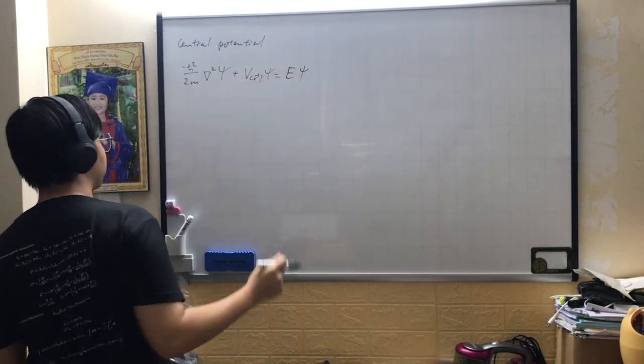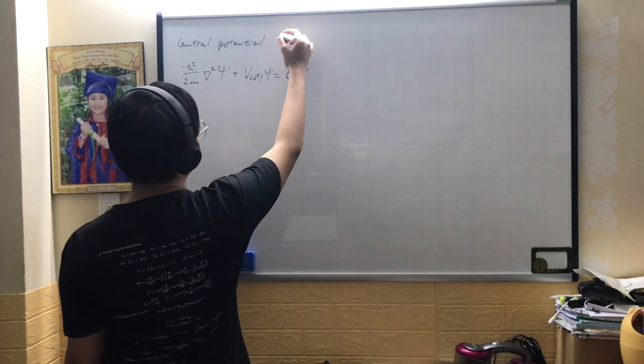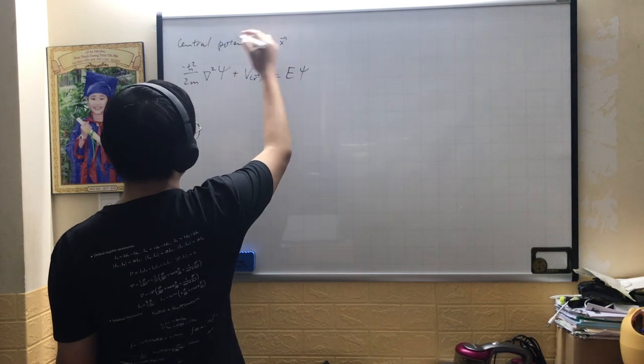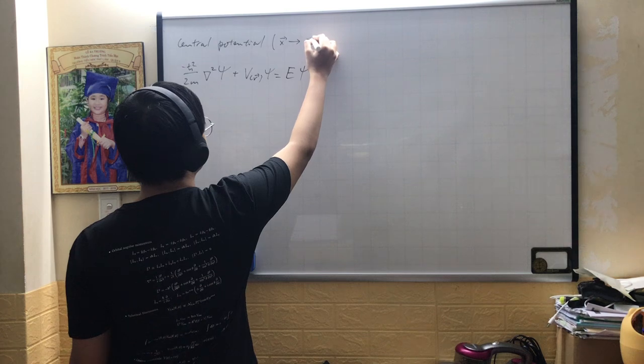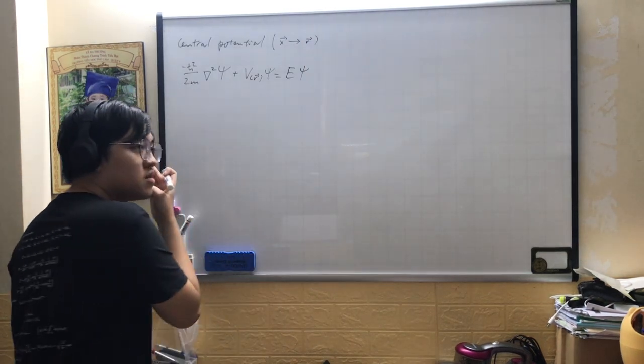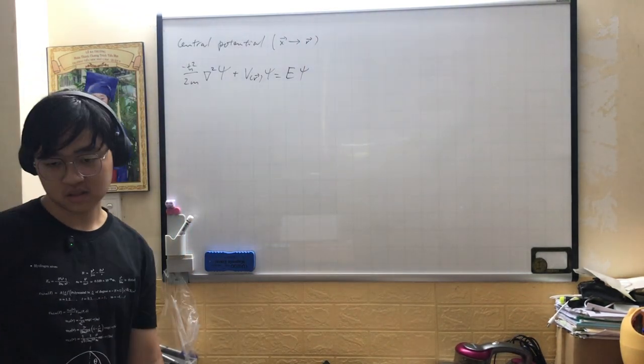And psi is a function of r as well. Again, since this is the central potential, we bring any x to the radial, which is the r vector.